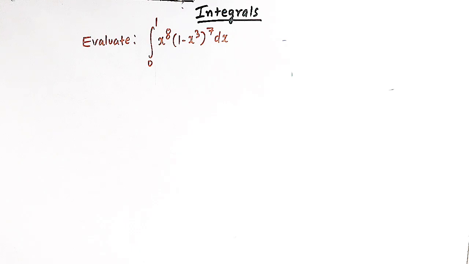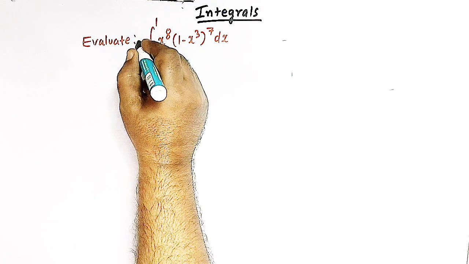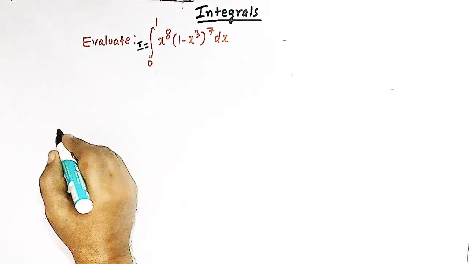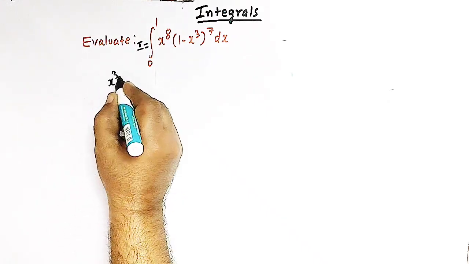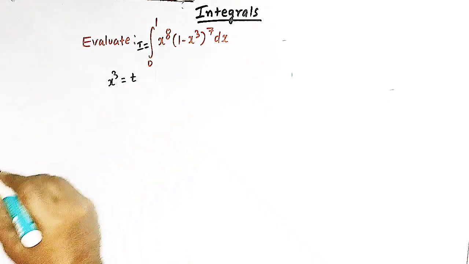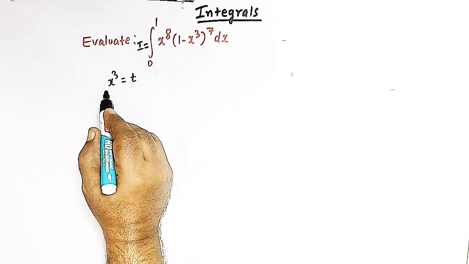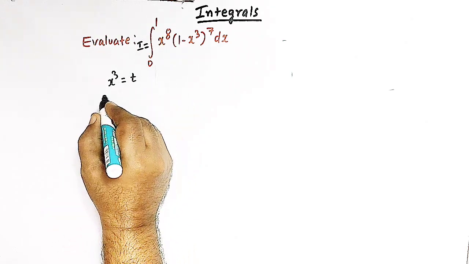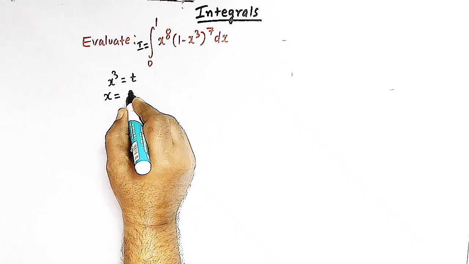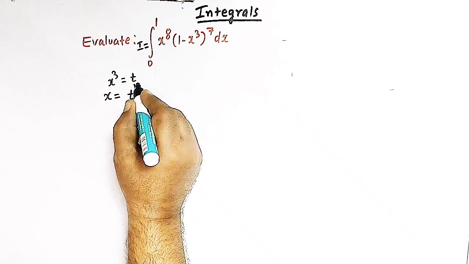So let us first make use of the concept of substitution method. So let us substitute here x cube is equal to say t, right? So let us call this integral as I, and let us take x cube is equal to t, so that we can write x is equal to t raised to 1 by 3.